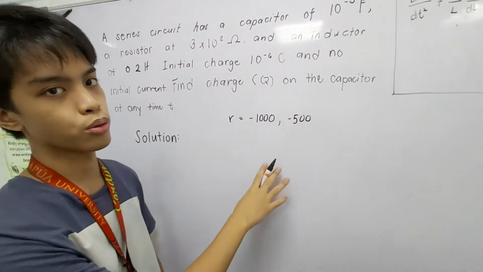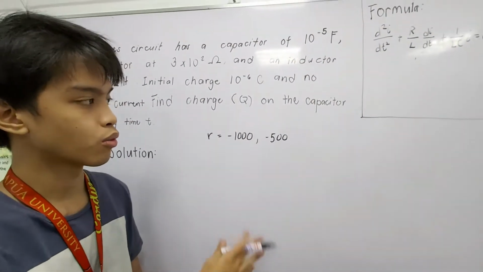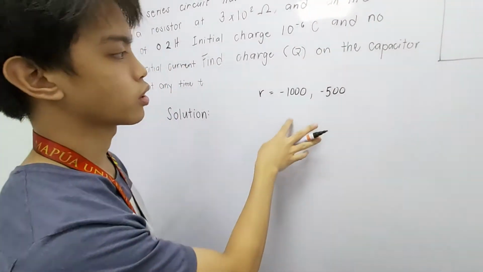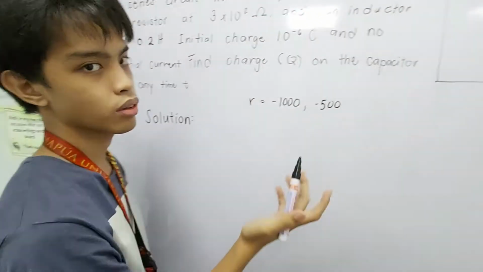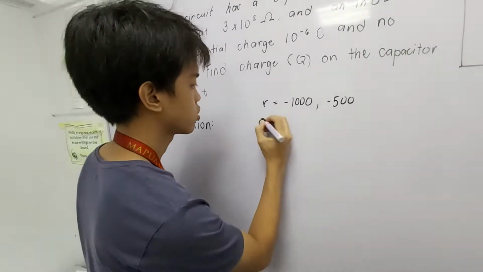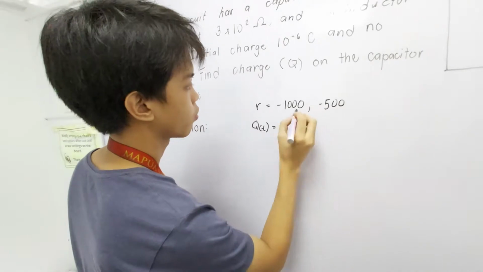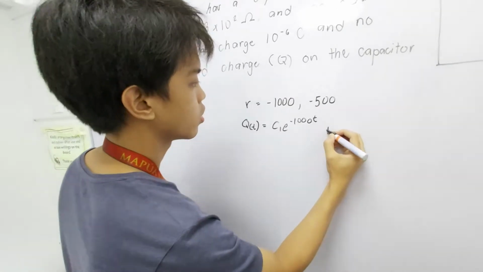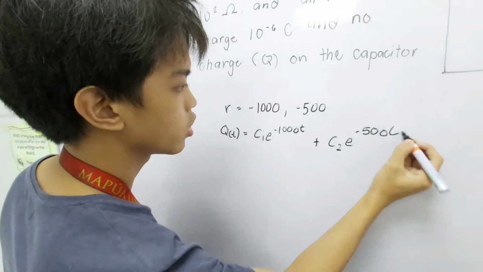Okay, so now that we have our roots, which is based from our formula of the second order non-homogeneous differential equation, the roots are negative 1,000 and negative 500, and now we can get our characteristic equation, or Q of t, which is Q of t equals C1 e to the negative 1,000 t plus C2 e to the negative 500 t.